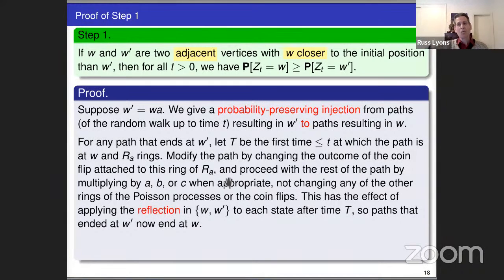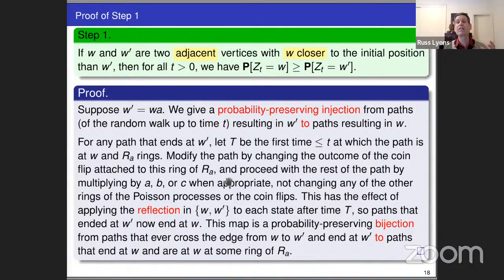In particular, what happens at the end, if it ended at W prime, which is what we're considering, it now ends at W. So this is our probability preserving injection. Why is it an injection? Well, it's actually a probability preserving bijection from the paths that end at W prime to which paths?